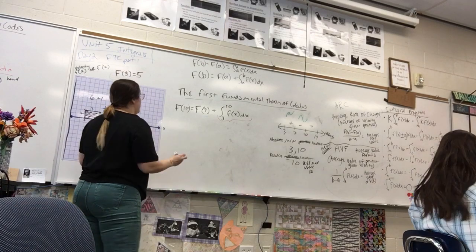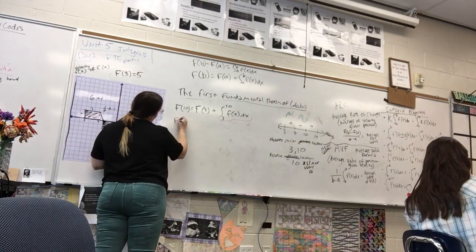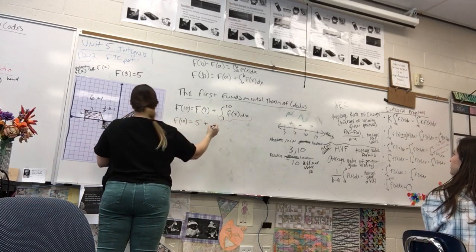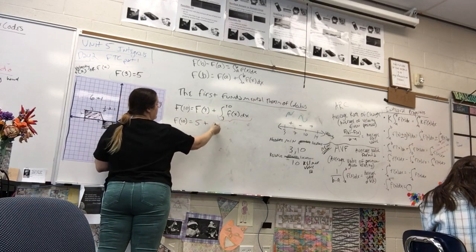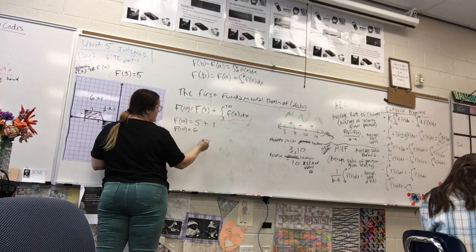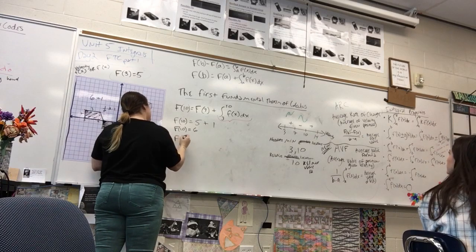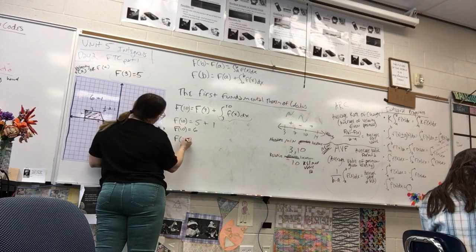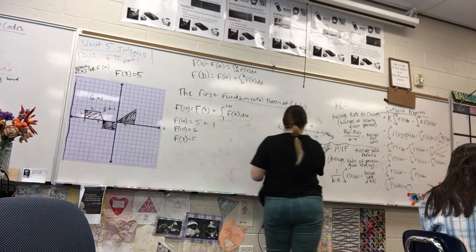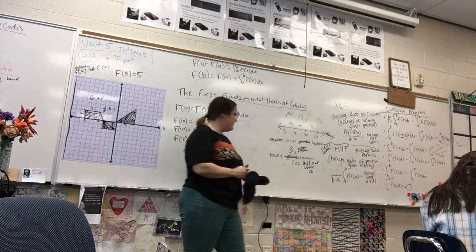Good. Okay, so let's go. f of 10 is 5 plus 1. So f of 10 is 6. This time, are we wanting it to be the bigger or the smaller number? The small one. Good. So this time, 3 is my absolute minimum, right?